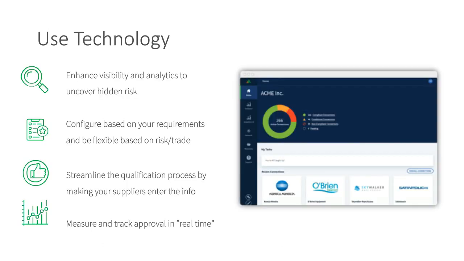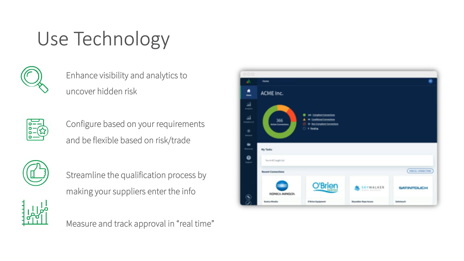Do you have the ability to look at the data broadly, to use analytics? Can you configure your requirements? Can you use technology to streamline the process? And can you get your suppliers to enter data? Help get yourself out of the data entry work to the best you can.